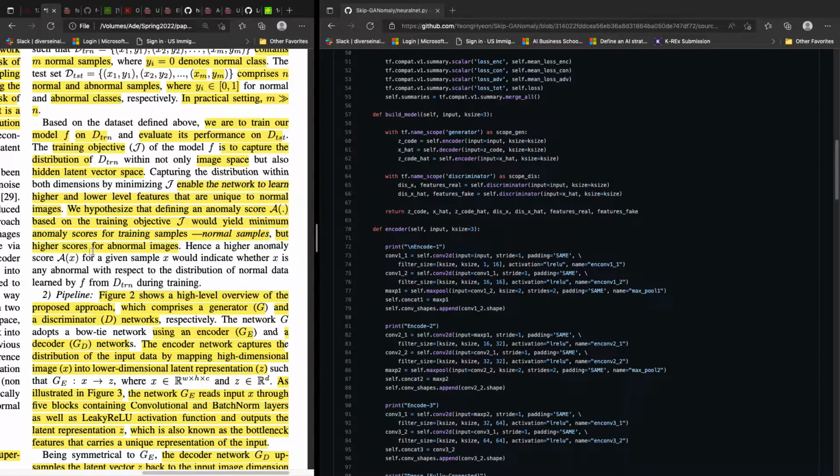But it will yield a higher score for the abnormal images, such that a higher anomaly score, given a sample x, will indicate that x is coming from a distribution of any abnormal with respect to the distribution of the normal. So essentially, we're trying to learn f, which is our model, and D_trn is the training.